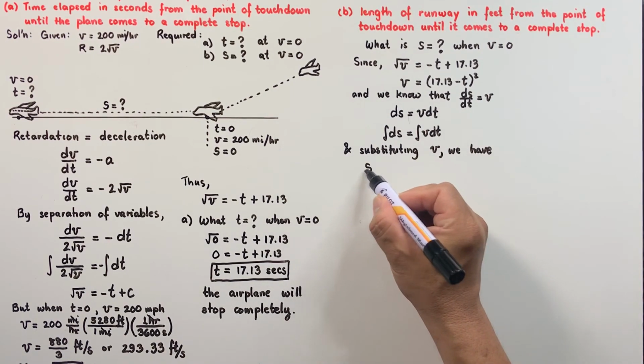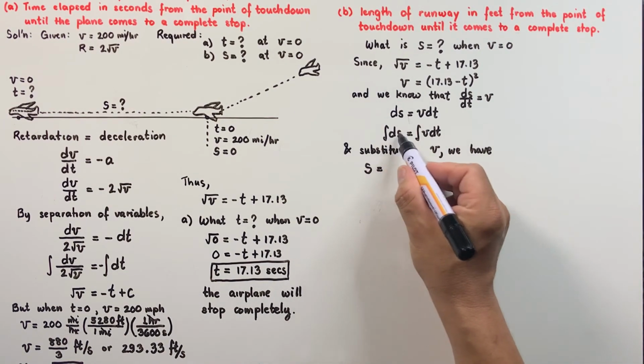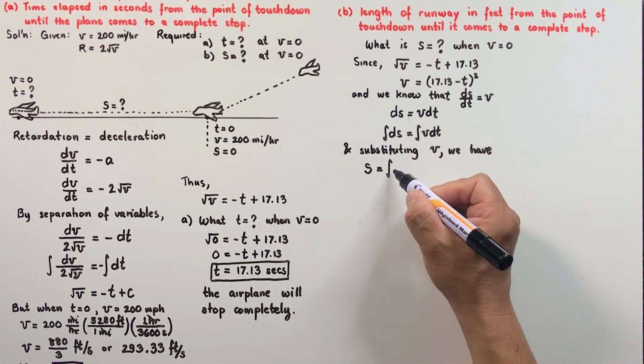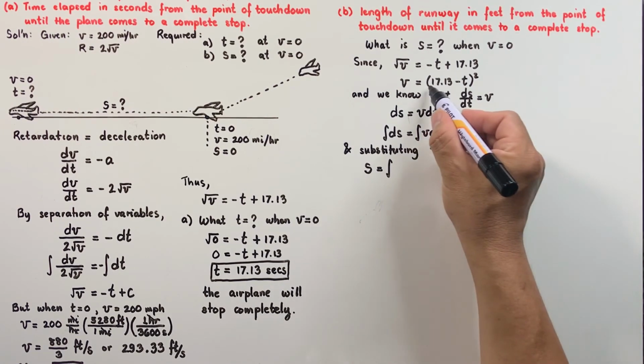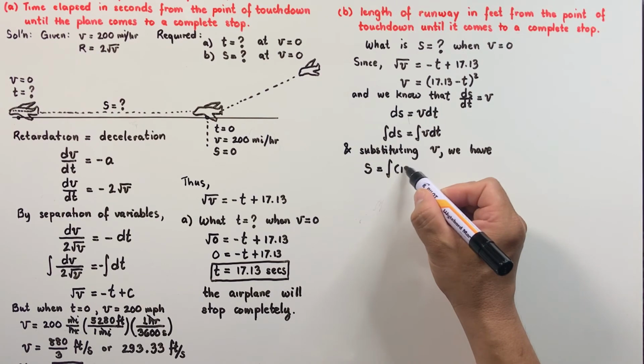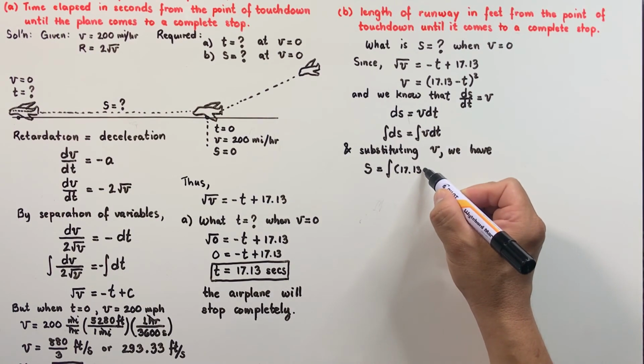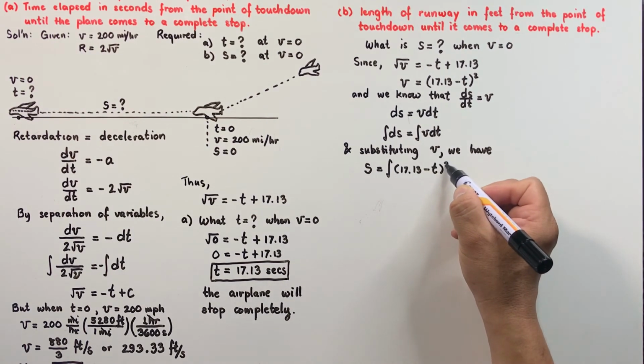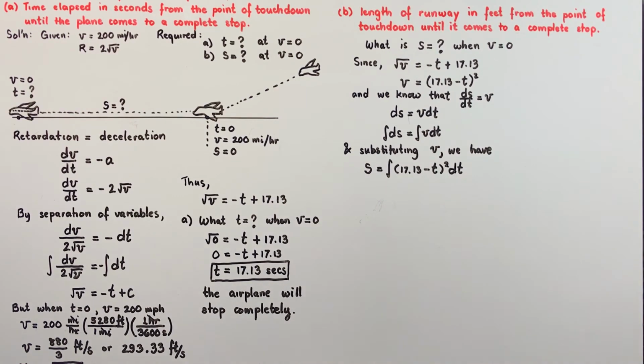we have s as the integral of ds, which is equal to the integral of v. But our v is this one, so we just copy the square of 17.13 minus t here, dt.